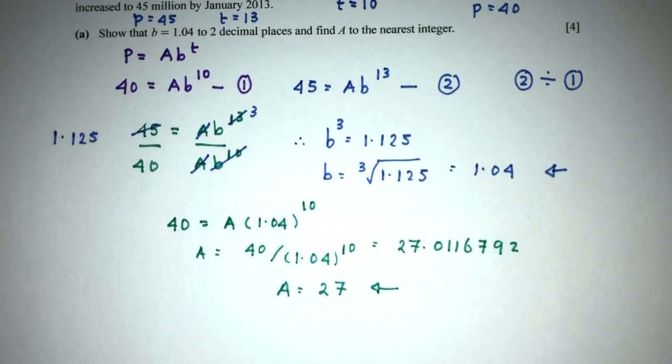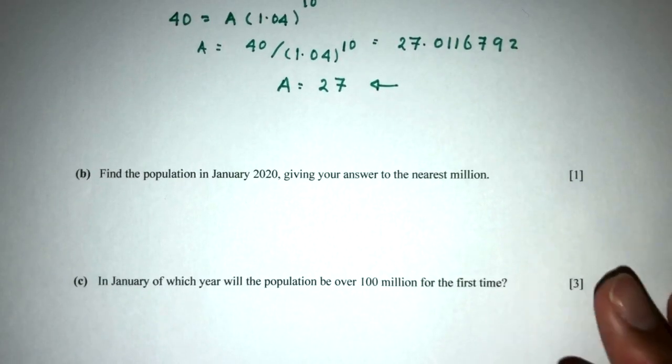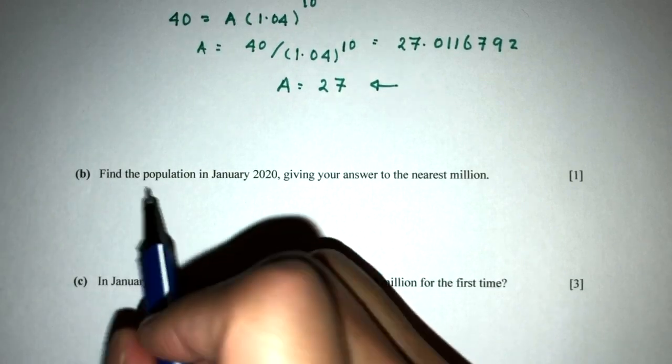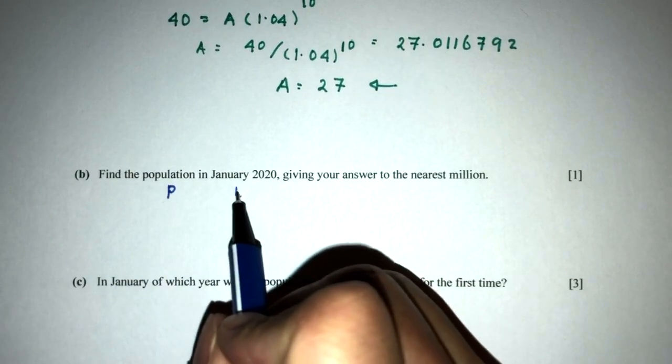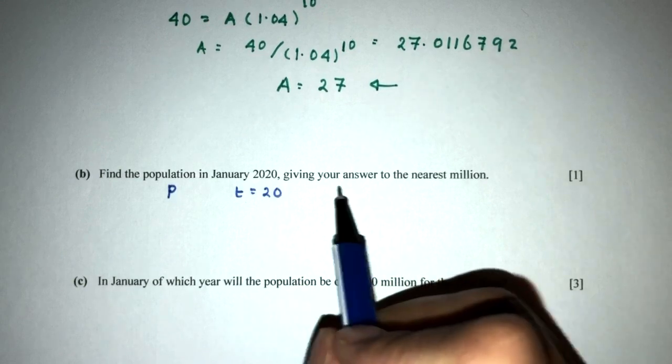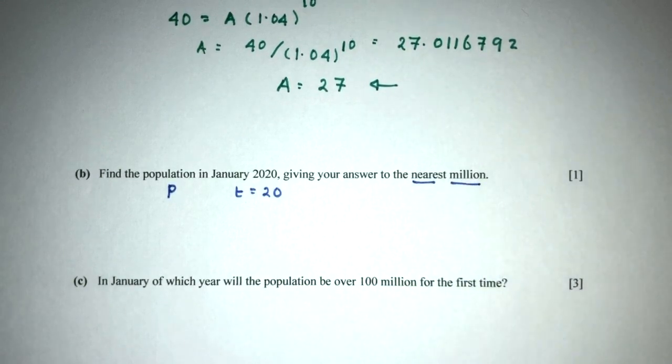That's for part A. Now for part B, we have to find the value of P when time equals 20, giving your answer to the nearest million. So let's do that.